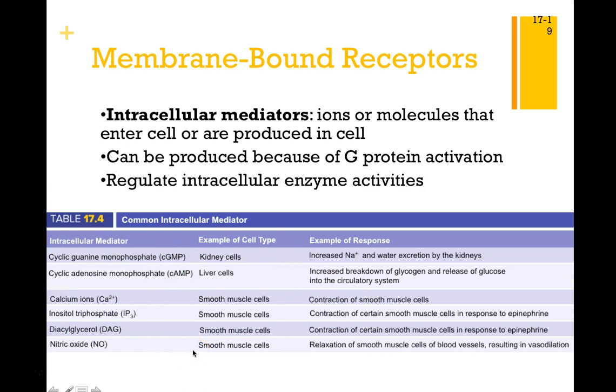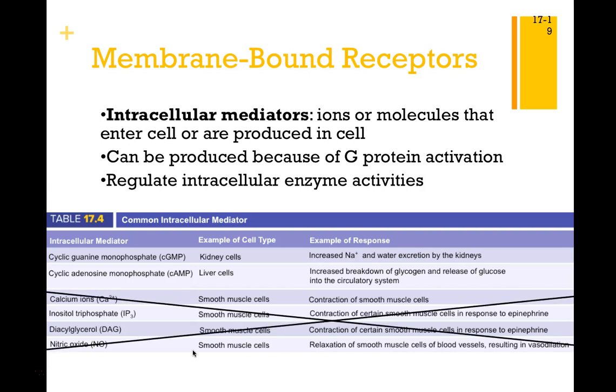There are quite a few intracellular mediators, but we are not going to dive into the ones that are examples of our smooth muscle cell type. Instead, we will focus on the cyclic guanine monophosphate, or cGMP, that is an example of kidney cells, and they are going to work to increase sodium and water excretion by our kidneys.